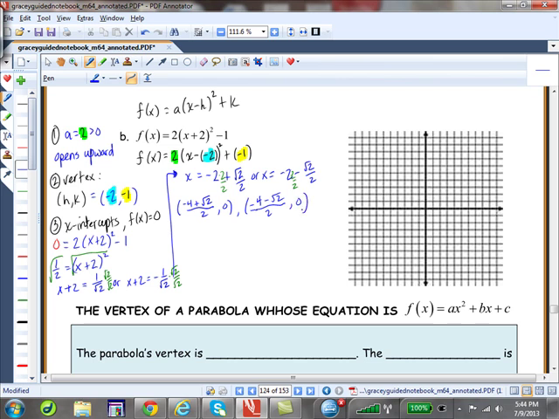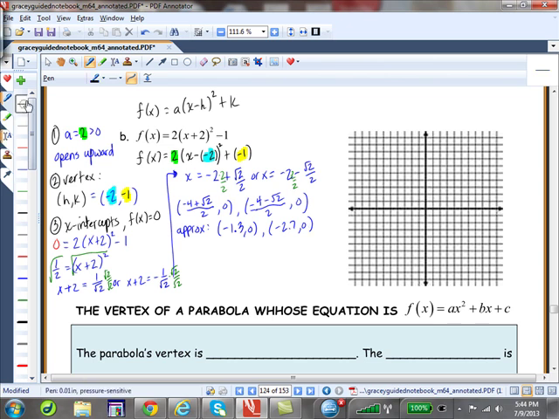And then, so that we could graph that more easily, I went ahead and got an approximation. So on this one, when we're adding, we end up getting approximately negative 1.3, comma 0. And on the other end, we'll get negative 2.7, comma 0. Okay.